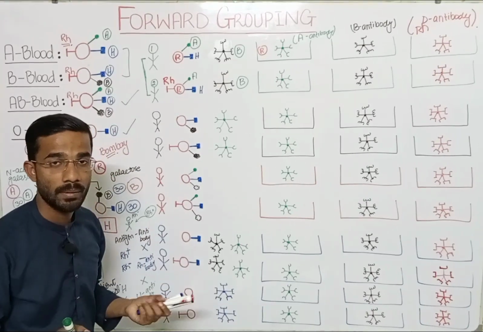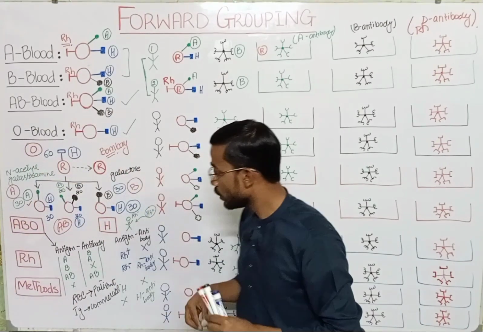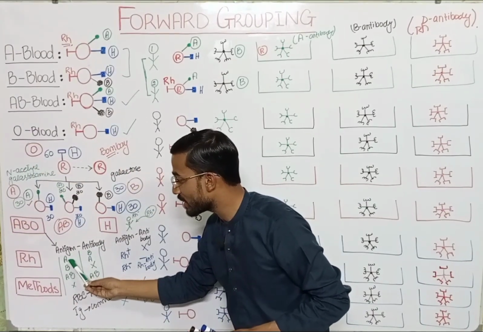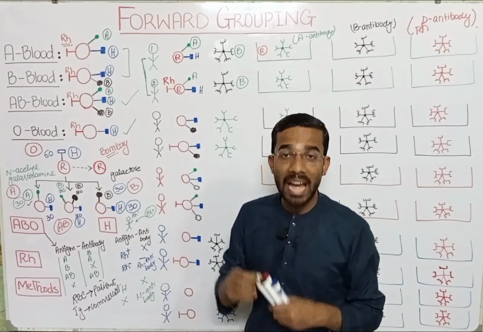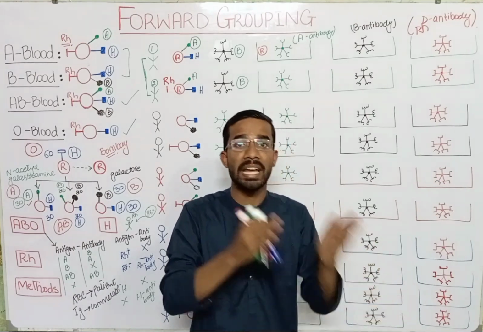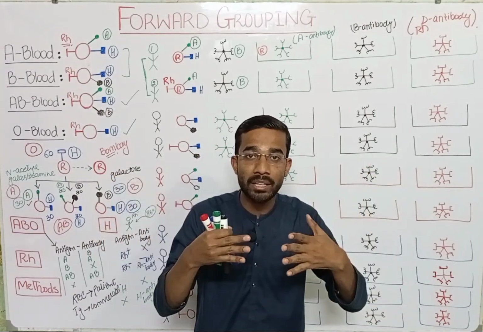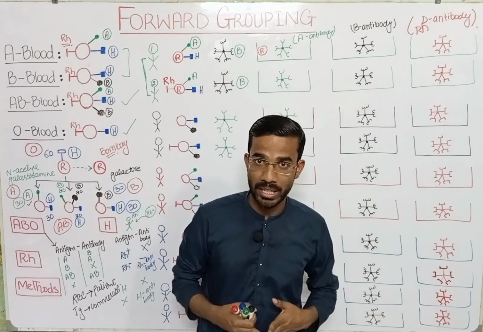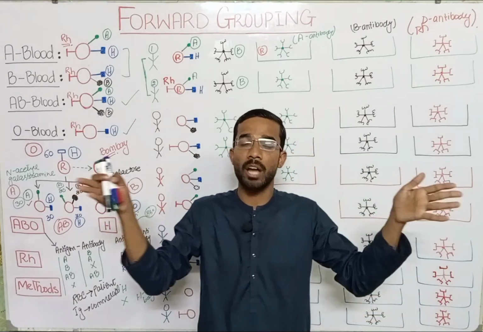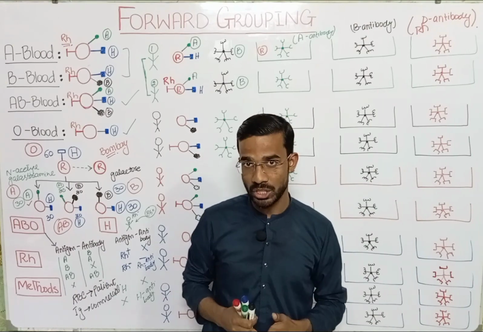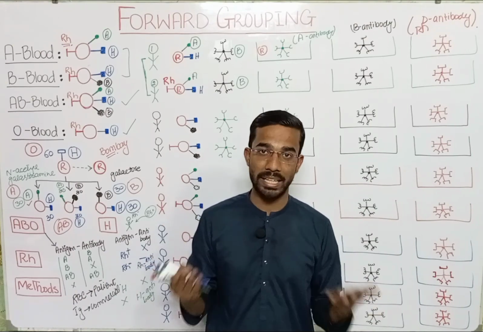As we have discussed, normally the opposite applies: if there is A antigen, then the opposite will be the B antibodies. But if the A antigen and A antibodies combine, then it will cause agglutination. Keep remembering, if the same antigen and antibody come together, then you see the agglutination. Otherwise, you will never see any agglutination.